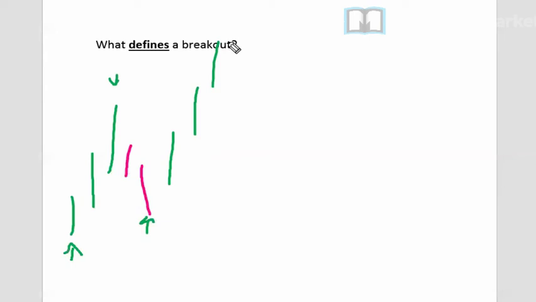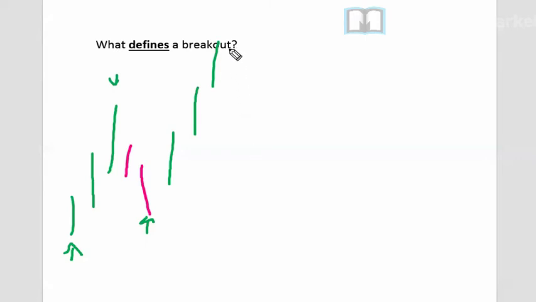And here, what are we looking for to see if the market is going to continue in this trend or going to define a new trend, which would then be a downtrend?